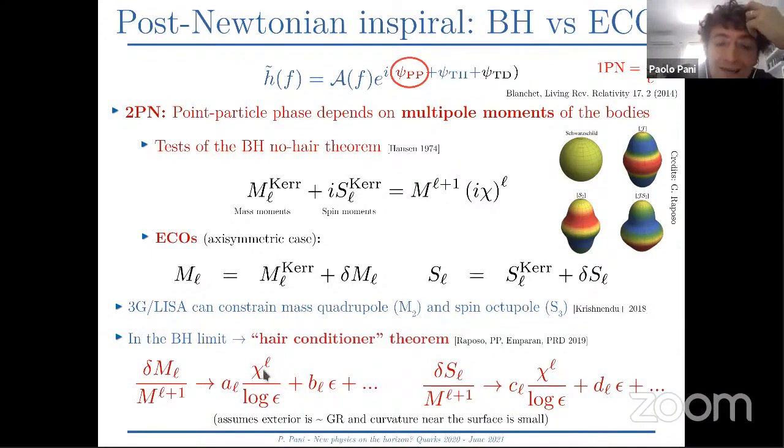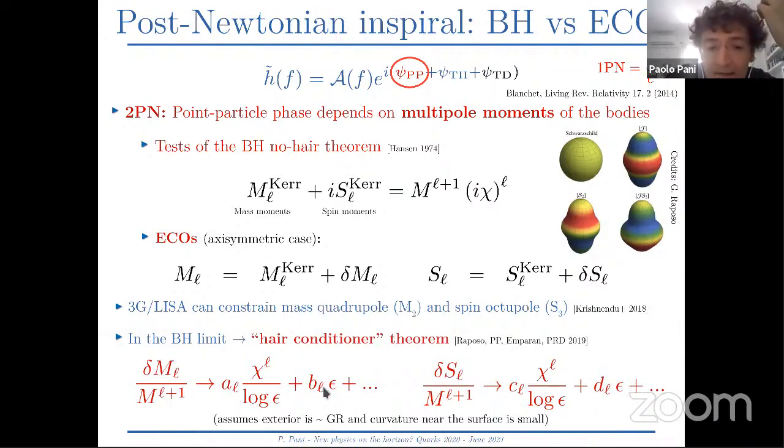The first one is that if they are spin induced, so if these corrections are proportional to some power of the spin, they have to go to zero logarithmically with epsilon or faster, otherwise the curvature diverges. Or if they are not spin induced, so if really they are intrinsic moments, they can go to zero linearly or faster in order for the curvature not to blow up.